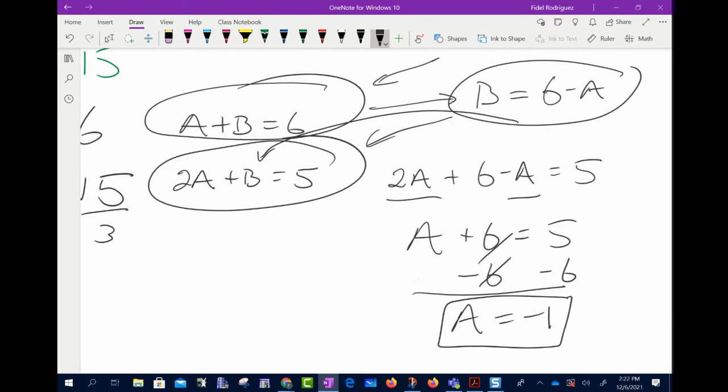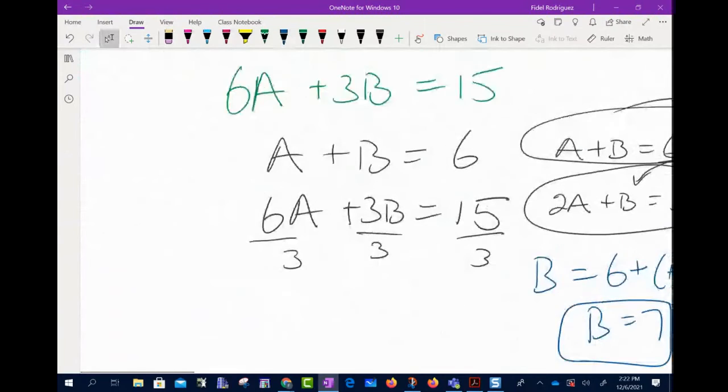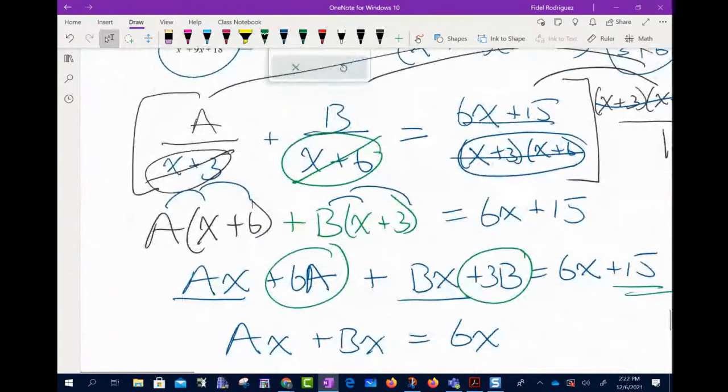A is -1, right? Now we still need to find what number? We still got to find b. So we're going to come back over here. Know that b is 6 minus a, so 6 minus -1 becomes what, 7? So b equals 7, okay? So now that we have a and b, all we're going to do is come back to our original problem.